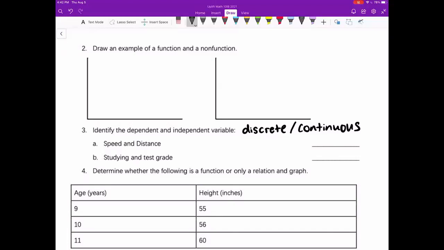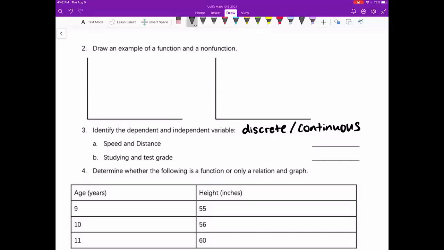Also, do you think it's discrete or continuous? Discrete. David, what do you think? I'm pretty sure it's continuous, actually. Yeah, I think it's continuous as well.